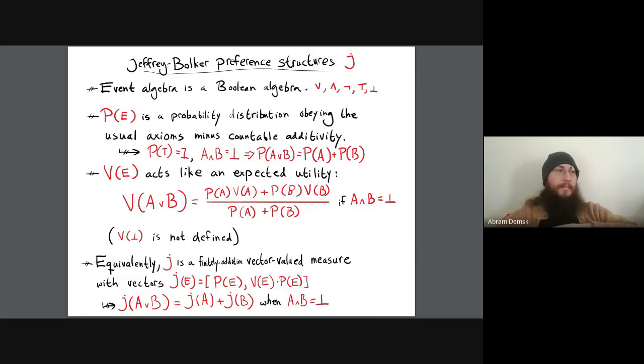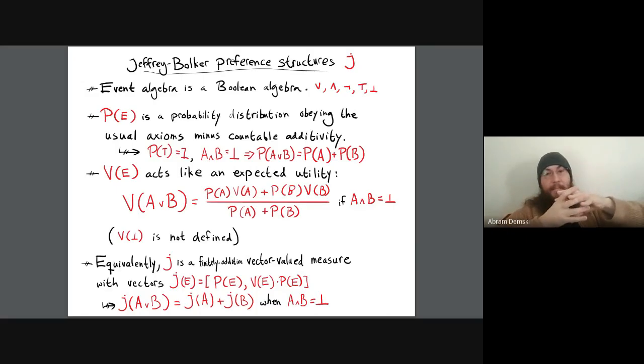So if it makes sense to say what you believe about something, then it doesn't make sense to say what you prefer about that thing, and vice versa. If it makes sense to say what you prefer about something, then it doesn't make sense to talk about your beliefs about that thing. So the Jeffrey-Bolker preference structures are specifically addressing that, and they're putting these together.